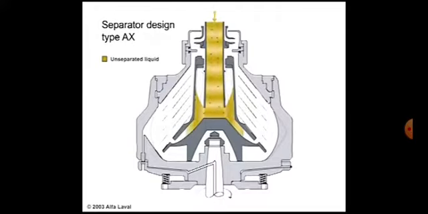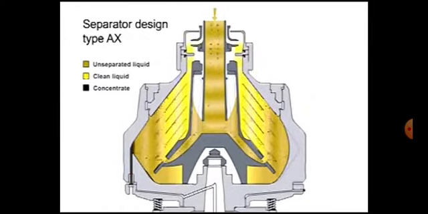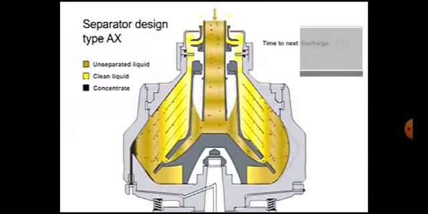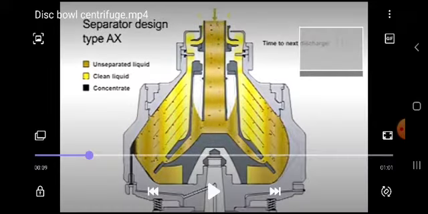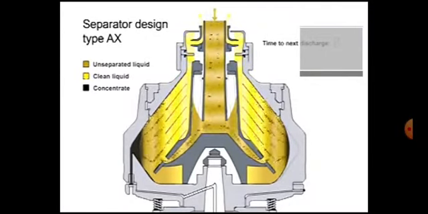The liquid is coming inside, containing the unseparated liquid, which is shown by a color code. You can see the clean liquid shown by yellow color, and the concentrate, meaning the solids, shown by black color. So you can see how it actually operates.